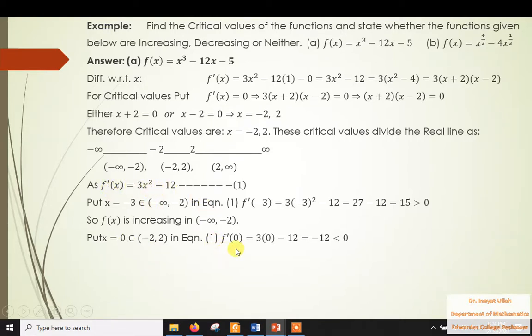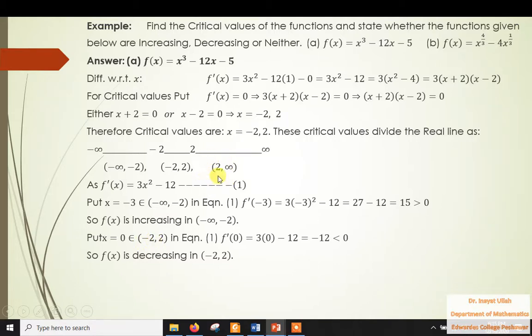Whenever you put x equal to 0, we obtain f prime 0 equal to minus 12. Now minus 12 is less than 0, negative. So f prime is negative, it means that the function is decreasing. So the given function f of x is decreasing in this whole interval.